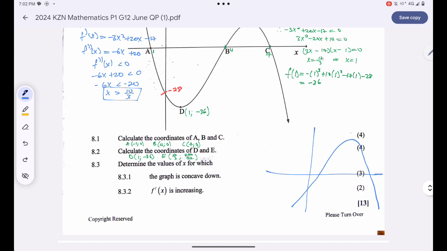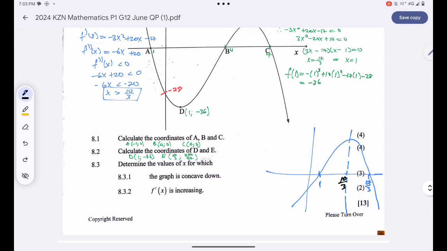Okay, and my derivative graph would be increasing. Remember that the x values over there will be the x values at the turning points. That's 1, and that's 17/3. And then over there, the turning point will be the x value at the point of inflection. Okay, let me indicate it using an asymptote. That's basically 10/3.